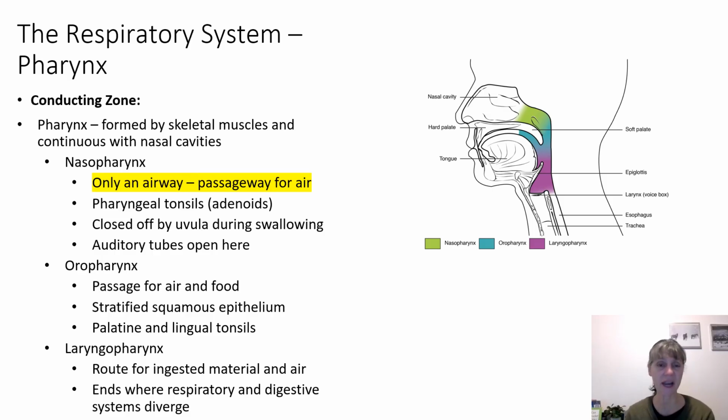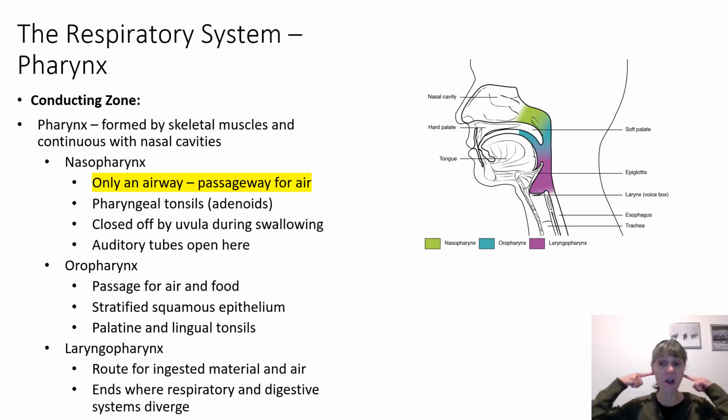It's a passage for air. The pharyngeal tonsils or adenoids are found in the nasopharynx. The nasopharynx is closed off by the uvula. That's that little flap of mucus connective tissue membrane that hangs down off of the soft palate. So every time we swallow, the nasopharynx is closed off by the uvula.